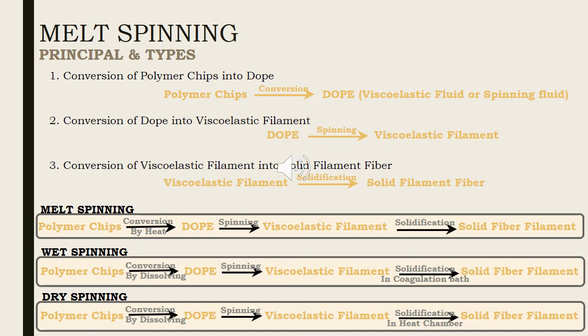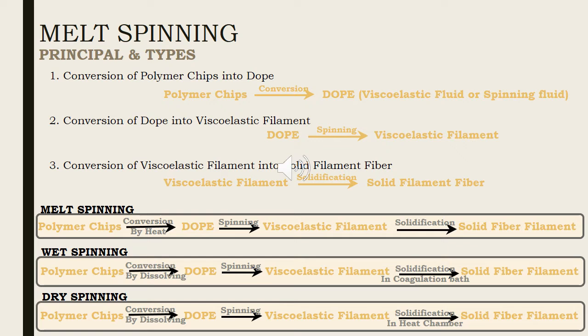There are three methods of spinning process: melt spinning, wet spinning, and dry spinning. Process description is shown in slide. Wet spinning and dry spinning differ in third stage, where wet spinning utilizes coagulation bath, whereas dry spinning uses heat chamber.